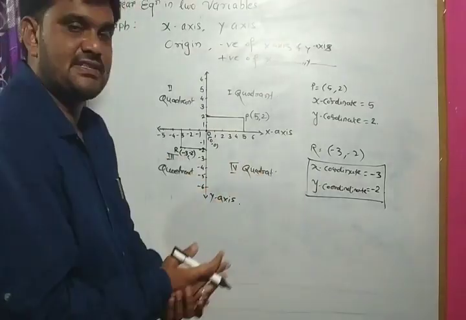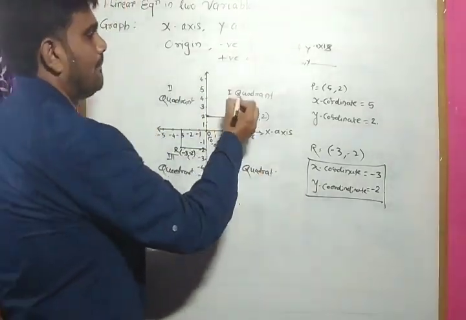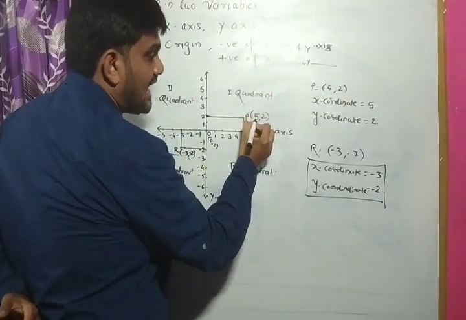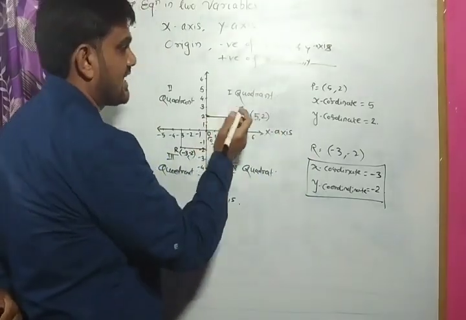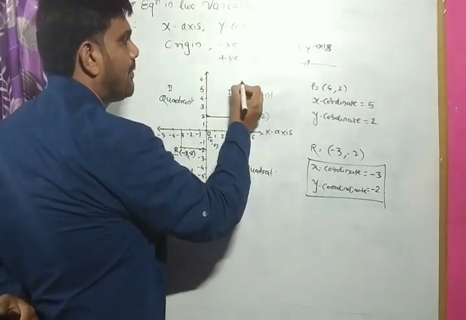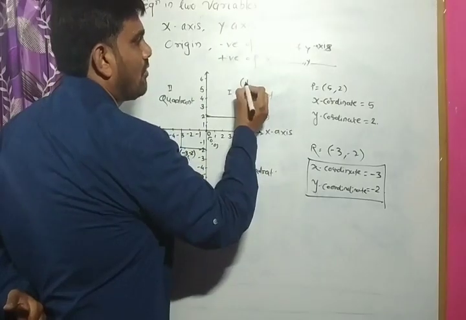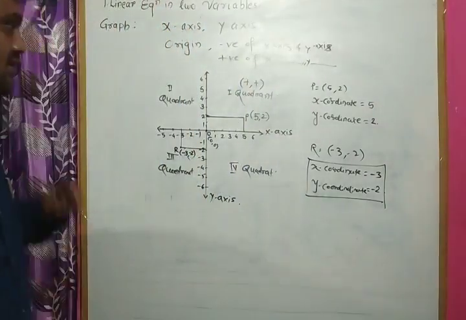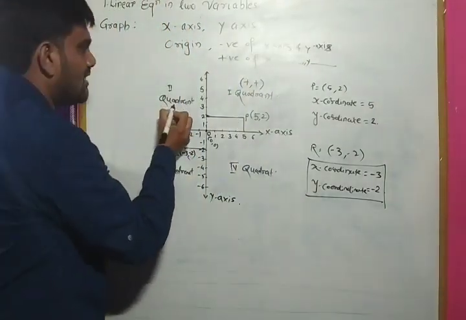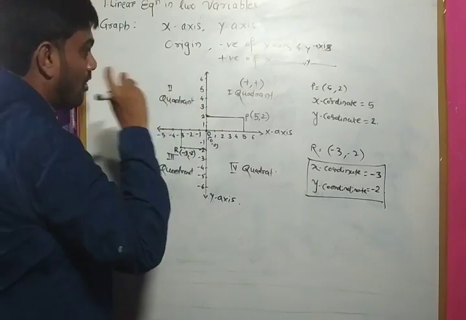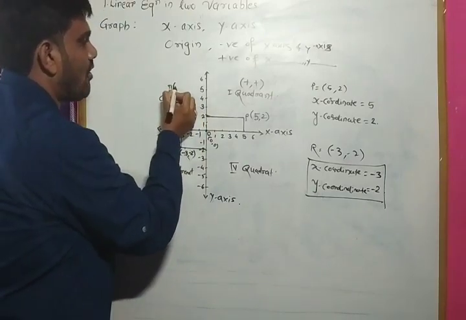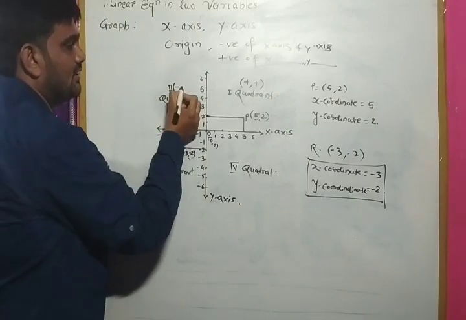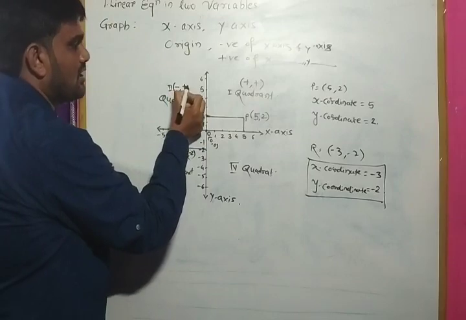Now towards the next step, we come to the sign of these coordinates. In the first quadrant, the x coordinate is always positive and the y coordinate is always positive. For the second quadrant, the x coordinate is negative and the y coordinate is positive.